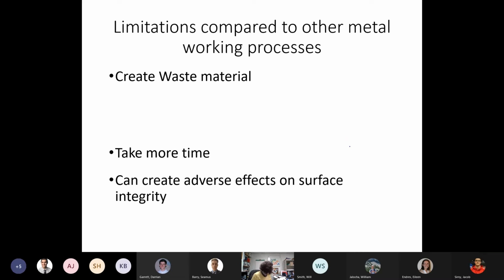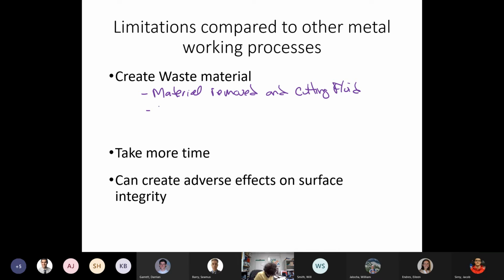Okay, so now we have some limitations to other metalworking processes. And certainly one is we create waste material. That is going to be the material removed. So we remove a fair amount of material and the cutting fluid. While we can recycle the material that's removed, it's going to have more oxide because the surfaces are going to oxidize. It's also going to be mixed with the cutting fluid, and so it's not going to be as clean as our starting material.